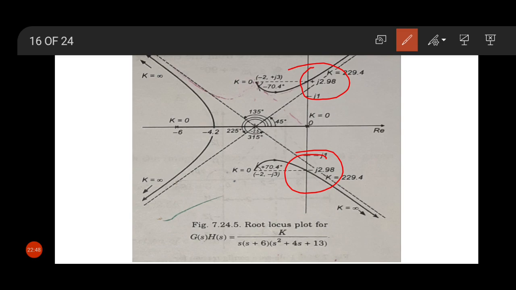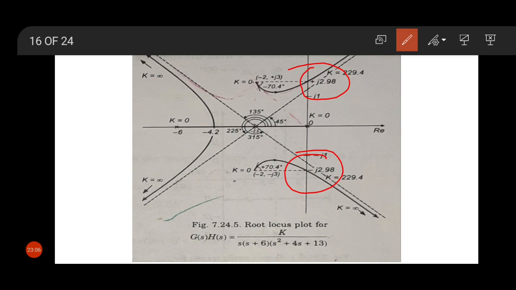Okay, so here we need to find the stability condition. From this root locus plot it is noted that for k greater than 229.4 the two roots have positive real part.